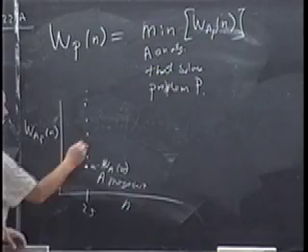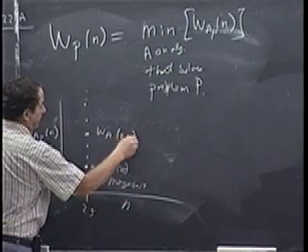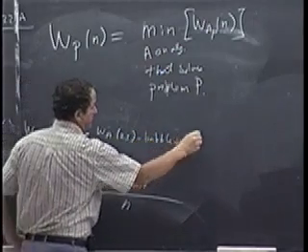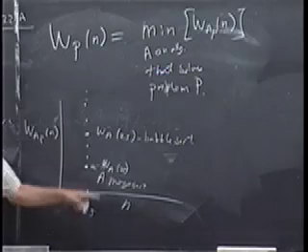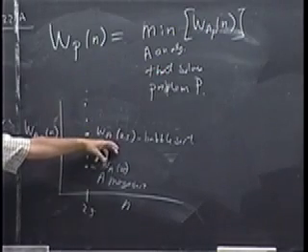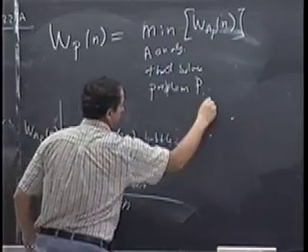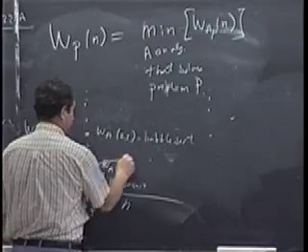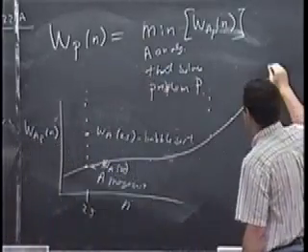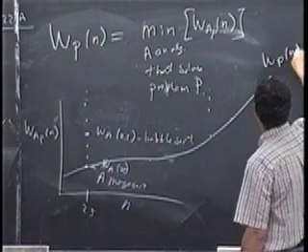And here's W_A(25) for bubble sort. So we have all of these data points on this conceptual graph, and then connecting the lower dots, that's what W_P(n) looks like.